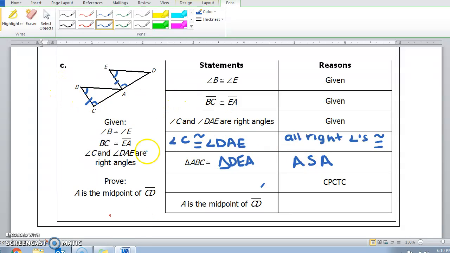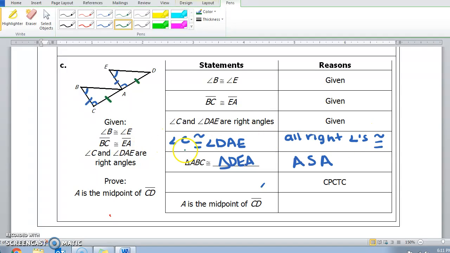Now, our end goal here is to prove that A is the midpoint of CD. So if A is the midpoint of CD, we should know that CA is congruent to DA due to the definition of a midpoint. However, we're working backwards.